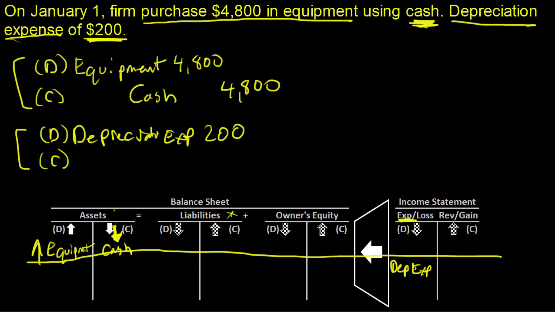It is what's called a contra asset. It's one of just a few asset accounts that maintain a credit balance. And this is called accumulated depreciation.